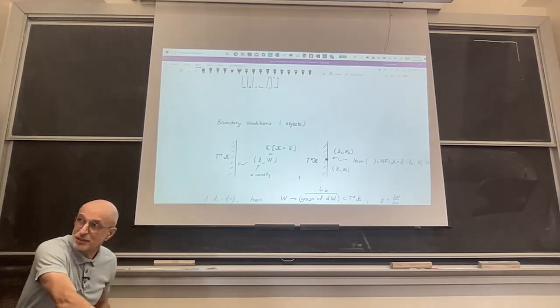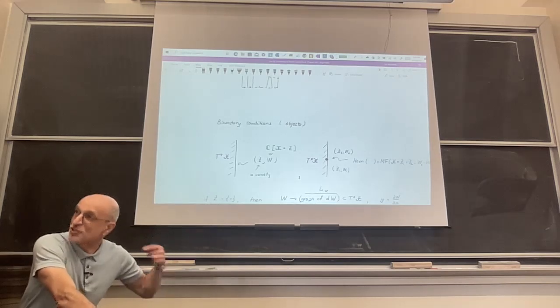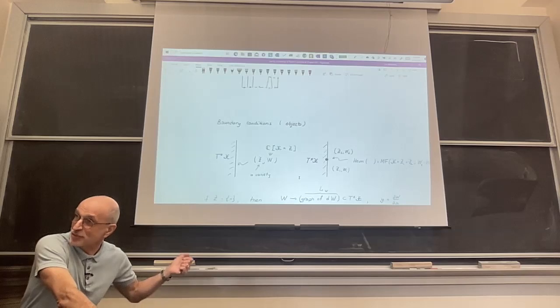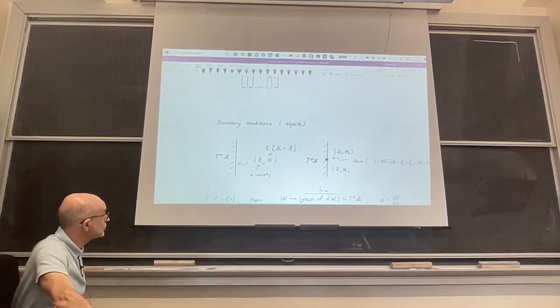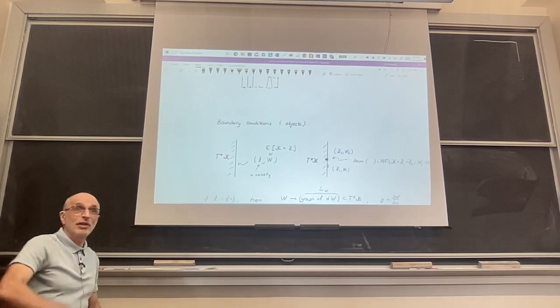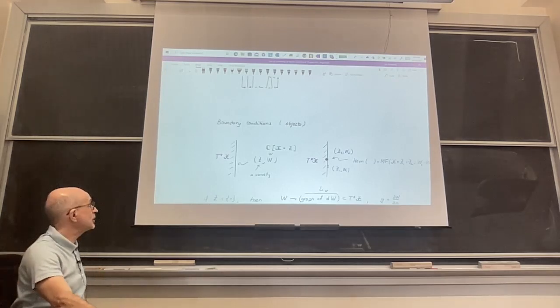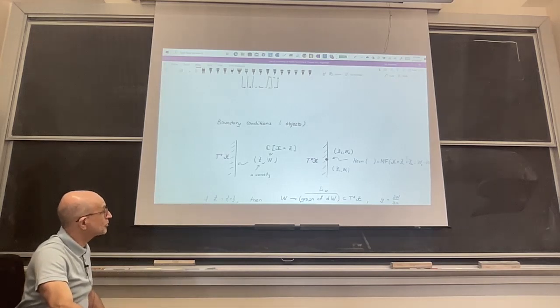Something that you bring in completely from outside. Something that lives on the boundary. X lives in the bulk, T star X lives in the bulk, and Z lives on the boundary, and you get a superpotential. And so a Hom between these two boundary conditions, that would be a line on the boundary, and we see a point because we fix time, is a matrix factorization.